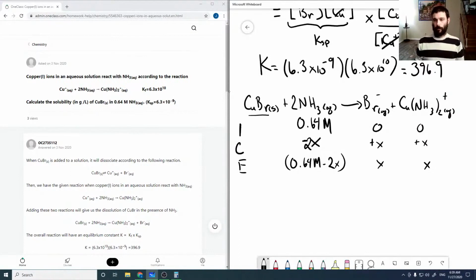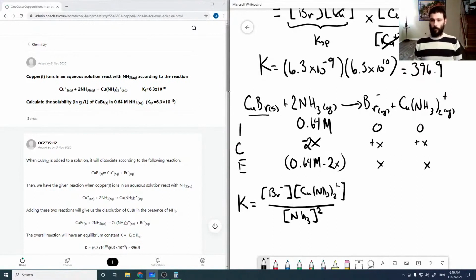x, and x. And now from our K constant, which is concentration of bromine, concentration of copper ammonia, over our concentration of NH3 squared, we can fill in our equilibrium values.